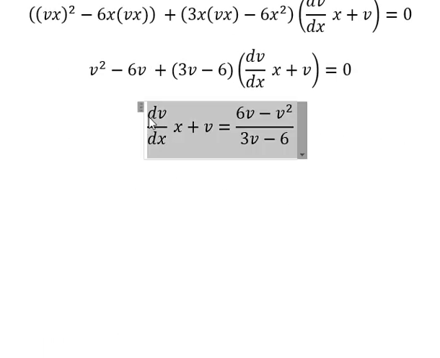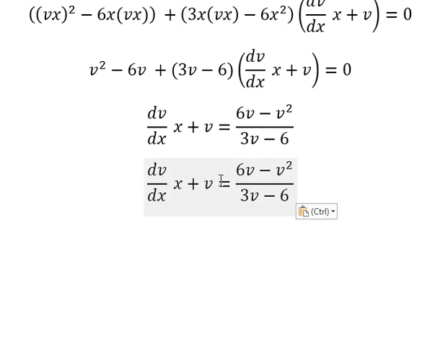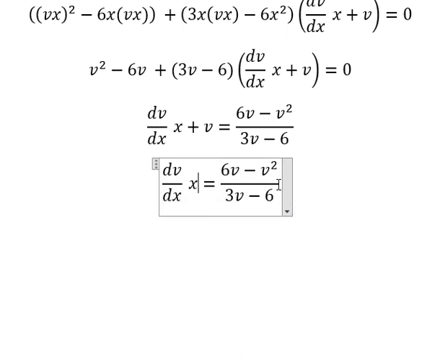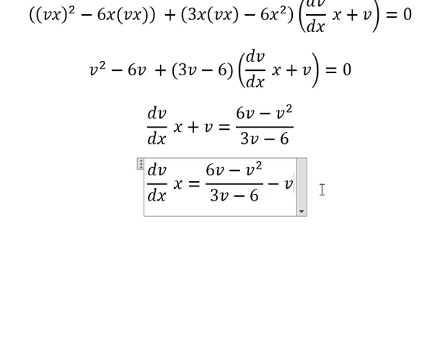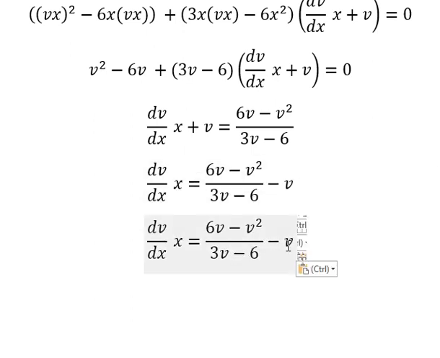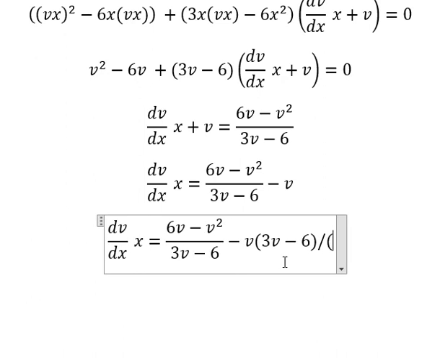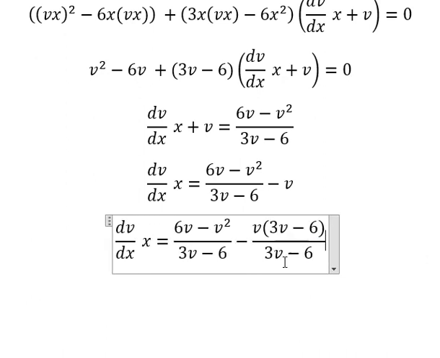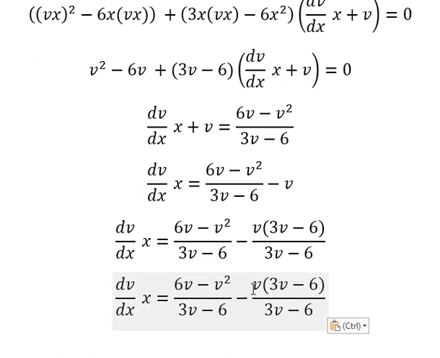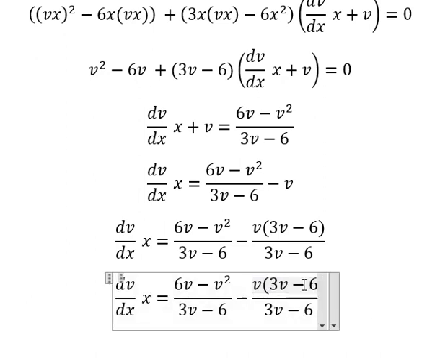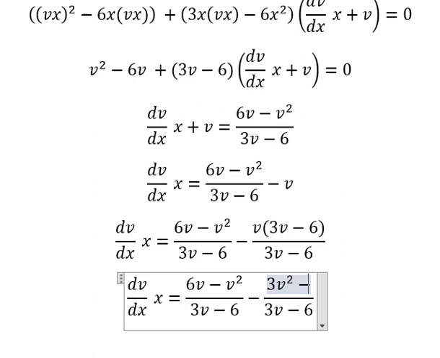Next, I will put v to the right. Next, we do common denominator. So this one, we have 3v squared minus 6v.